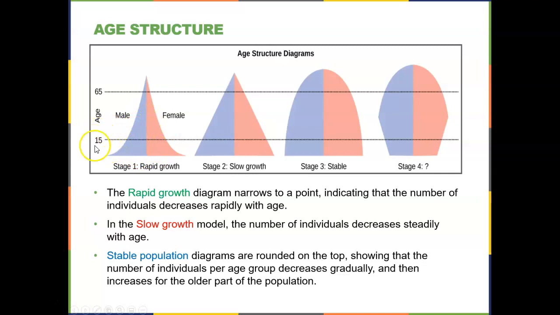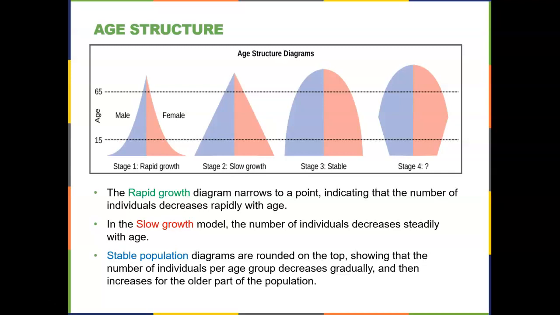We see the youngest members of a population down lower, the oldest members towards the top of each of these figures.